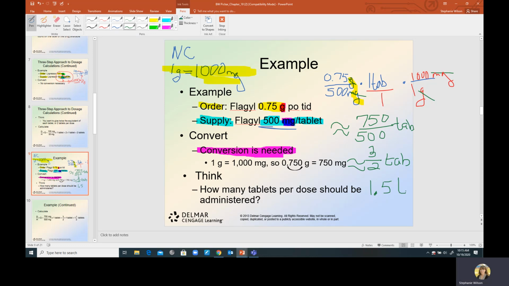And since it's a tablet, we're going to round to the nearest hundredths if possible. In this case, the hundredths is a 0, so we don't put it there. If it's a capsule, we would have rounded to the nearest whole number. But now we're going to think about it on this dosage. Is it safe? Yeah, we're only telling them to take 1.5 tabs, so it's safe.